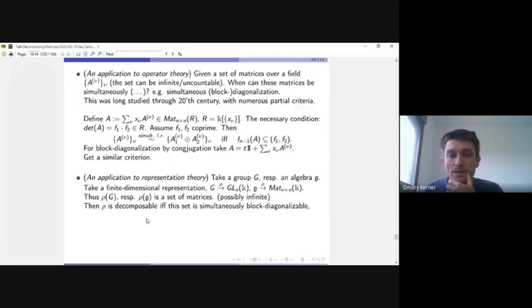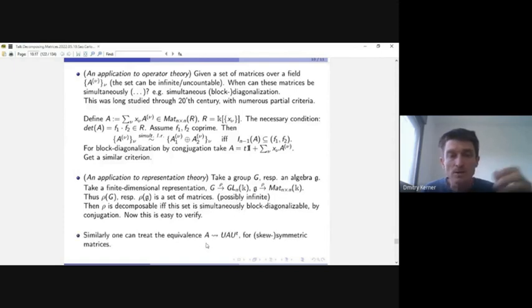And then if you ask whether the representation is decomposable, it means that all these matrices can be simultaneously block-diagonalized, by conjugation now, not by left-right equivalence. And now this is very easy to verify. Here is the criterion. At least in each particular case, you just check that one ideal sits inside the other.